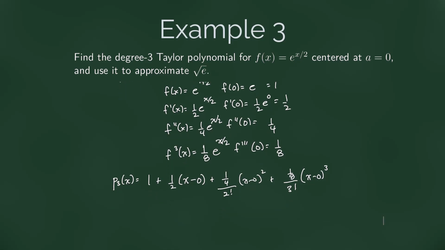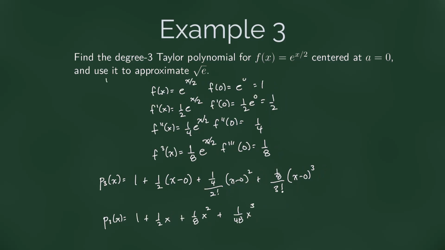We'll tidy that up. This is 3 factorial, so we get 1 plus 1/2 x plus 1/4 over 2 factorial is 1/8 x squared, plus 1/8 times 3 factorial is 6, that's 1/48 x cubed.